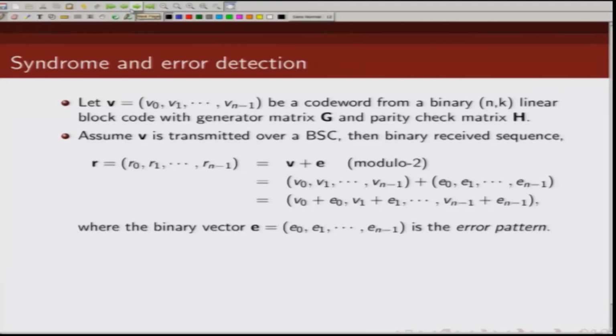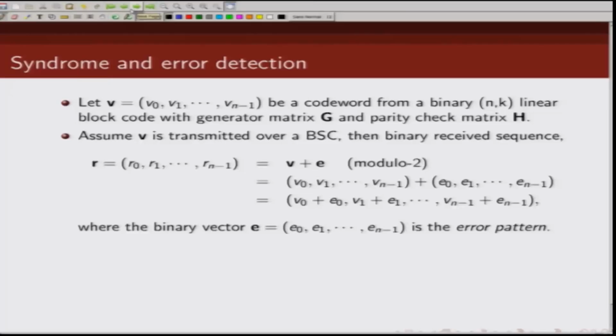So, let us assume that we have a code word which is encoded using a linear (n, k) block encoder. So, we have an output of the encoder which is coded bits of length n. Now, we want to transmit this code word over a communication channel.